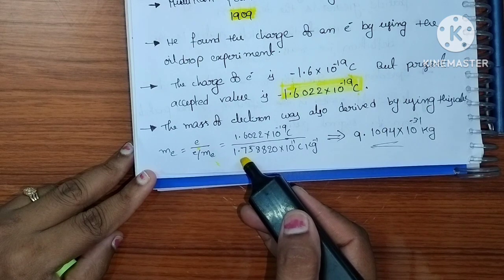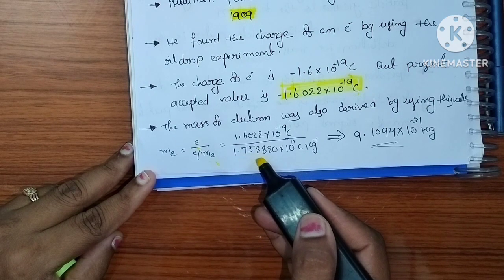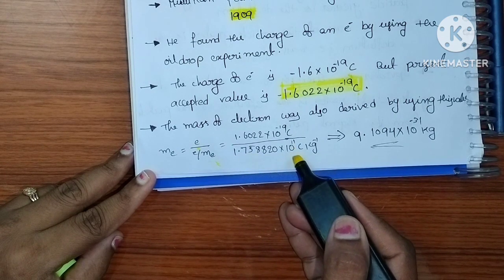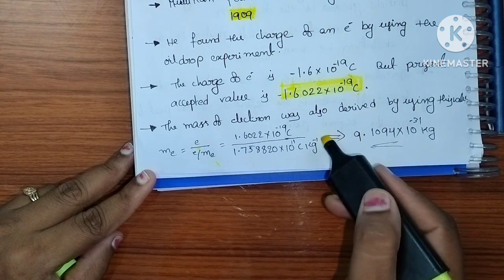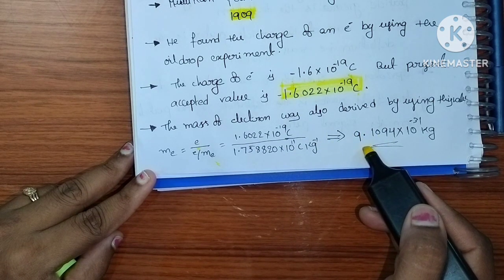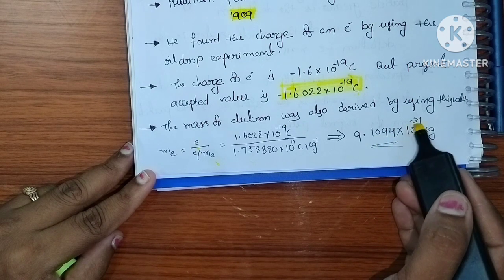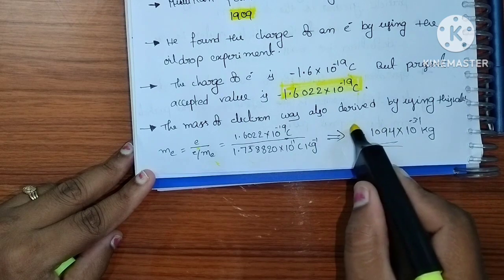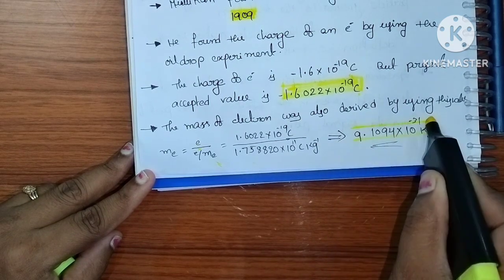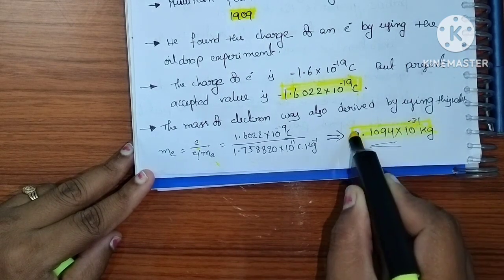We put the e by m value here, 1.758820 into 10 power 11 coulomb kg inverse. So finally the mass of the electron is 9.1094 into 10 power minus 31 kgs.